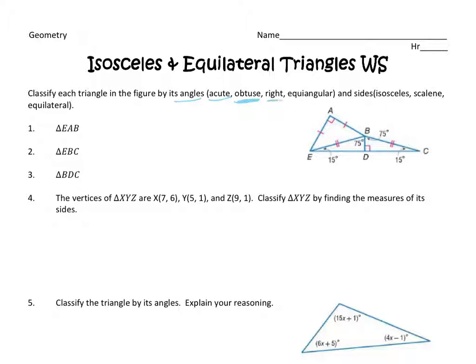If one angle is a right angle, it's a right triangle. And if all the angles are equal, it's equiangular. Then based on the sides, 2 congruent sides, isosceles, 0 congruent sides, scalene, all congruent sides, equilateral. So you'll have 2 names for each triangle.